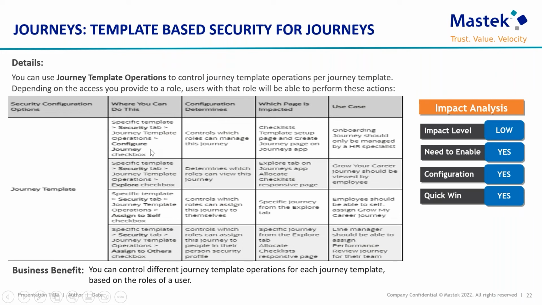There are four checkboxes that are available on the configuration page, which gives the access for configuring the journey checkbox for a journey template, and to explore a checkbox, which allows the user to view the journey, and assign to self.